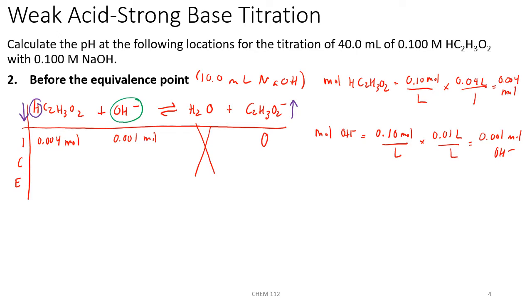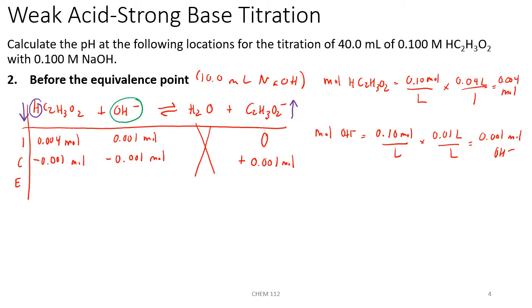So our 0.004 moles of our weak acid is going to go down by the amount of hydroxide we added, which is 0.001 moles. Our hydroxide is going to go away because it's getting neutralized by our weak acid. And our acetate is going to go up, so we'll use a plus sign here, by the number of moles of hydroxide that was added.